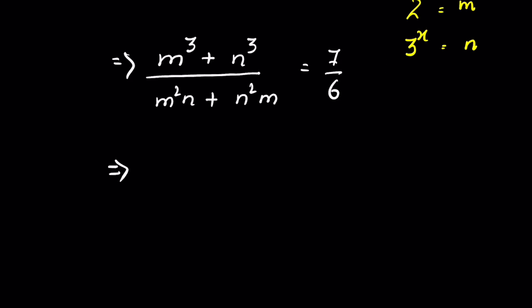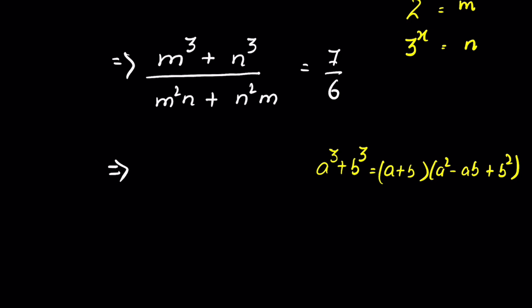Now this is in the form of a cube plus b cube, and this algebraic expression we can expand as a plus b times a square minus ab plus b square.